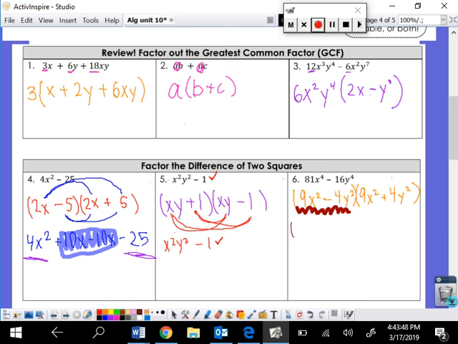So this would factor out into 3x minus 2y times 3x plus 2y. And then you always need to keep what we originally had. So we need to keep the 9x squared plus 4y squared. And that entire thing would be our final answer.